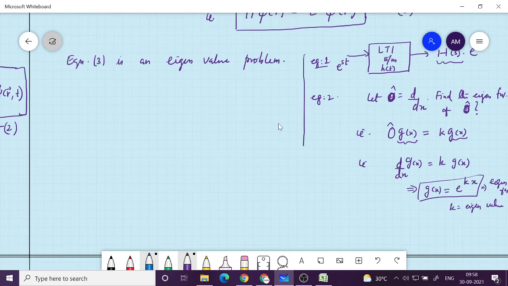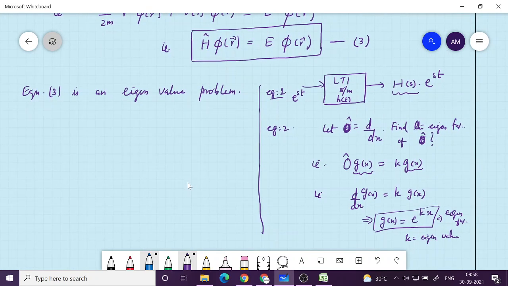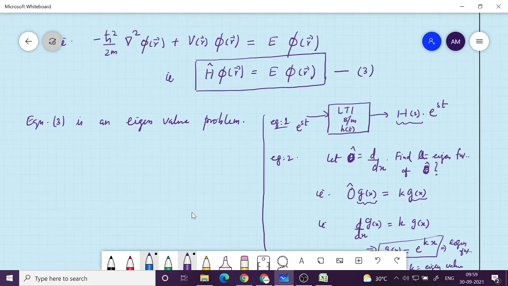An LTI system is an example. d by dx is an example of an operator for which e raised to kx is an eigenfunction. For an LTI system, e raised to st is the eigenfunction, and this LTI system will be a differential equation in time, with constant coefficients. That is how LTI systems are represented.